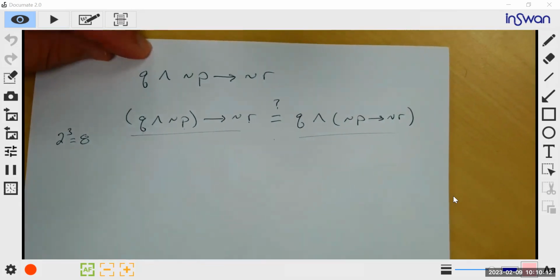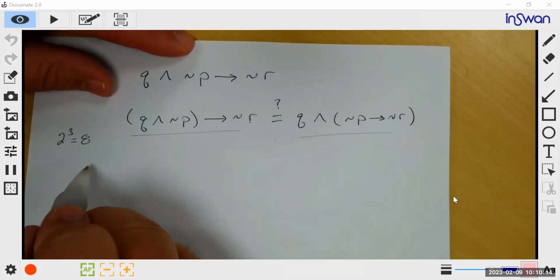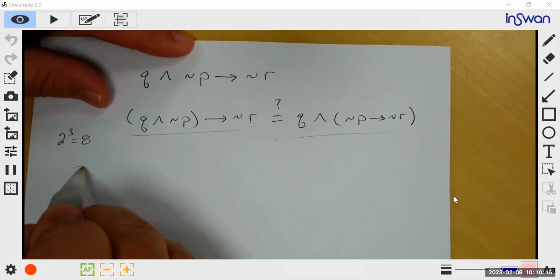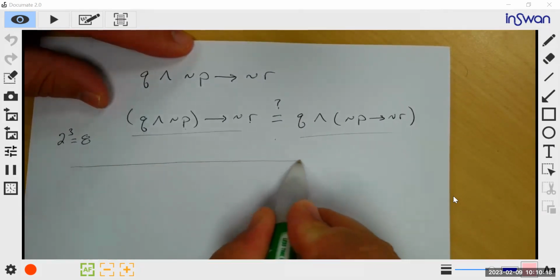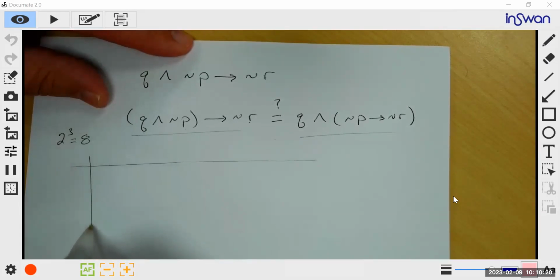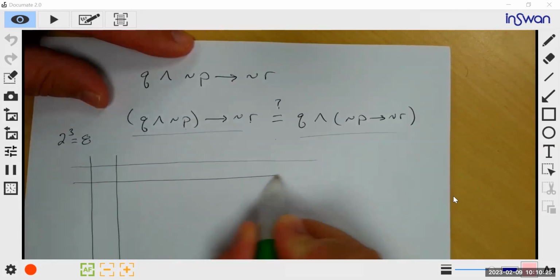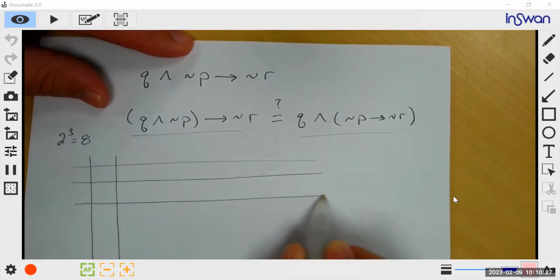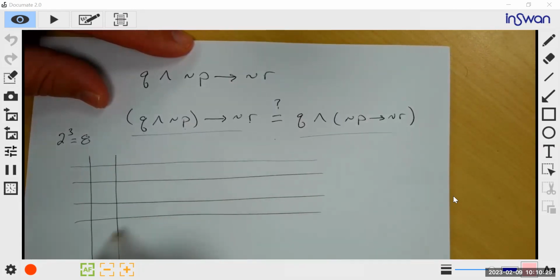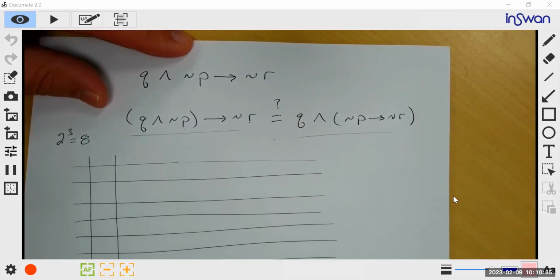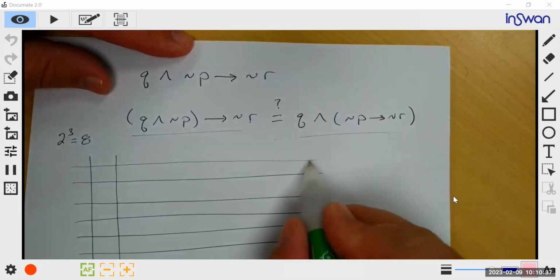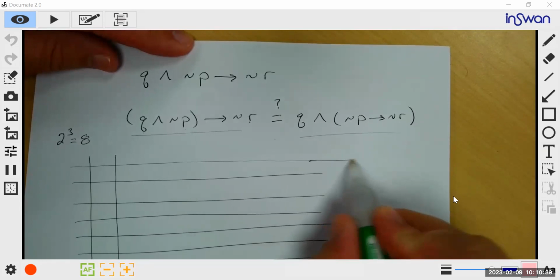So we're going to have 8 rows. One, 2, 3, 4, 6, 7. We may have to go further.